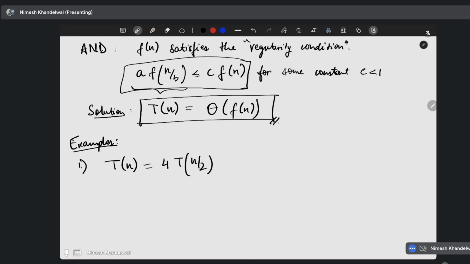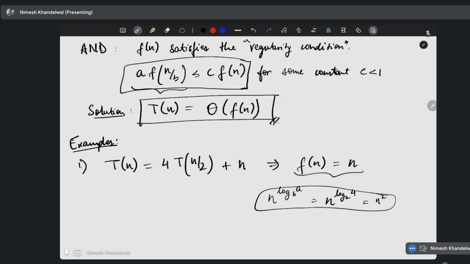T of n is 4 times t of n by 2 plus n. So here f of n is n, right? And what is n to the power log a base b? It is n to the power log 4 base 2, basically n squared. So f of n grows slower than n squared, right?